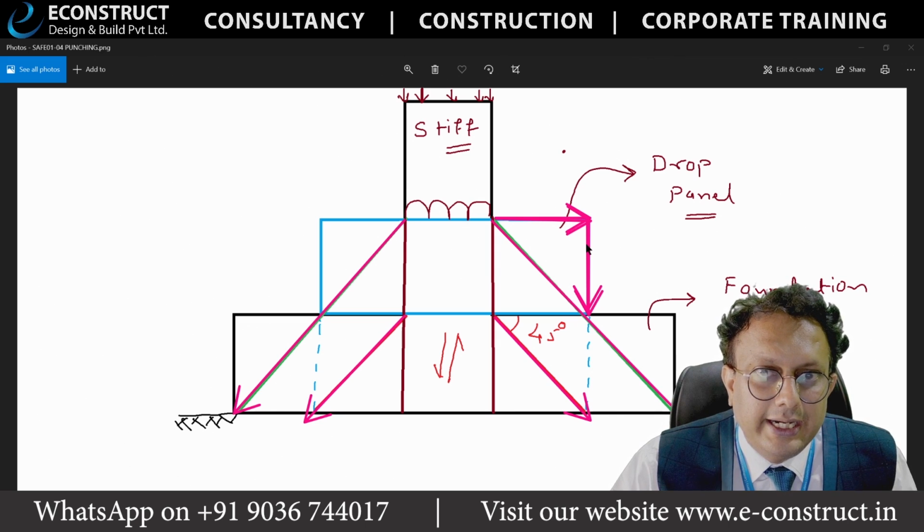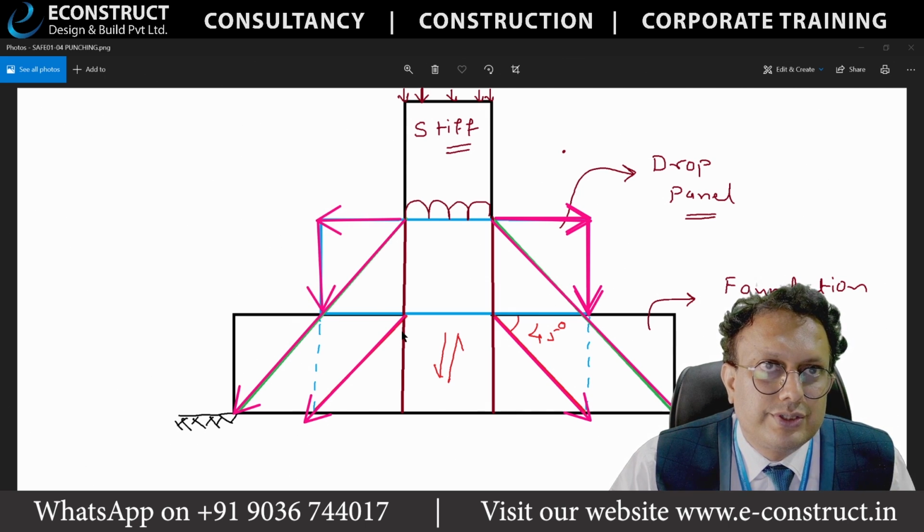Sorry, I used the wrong word, it's not equilateral. Whatever is the horizontal dimension, the same is the vertical dimension. 45, 45, 90, like that 180.